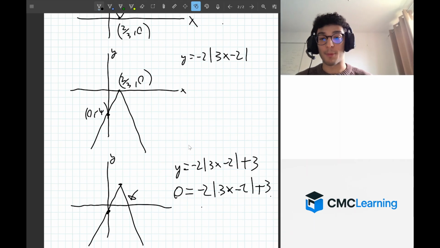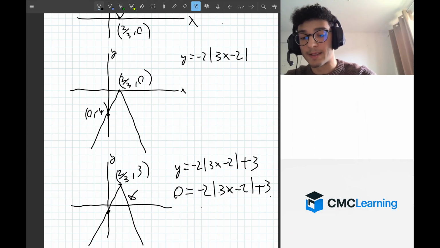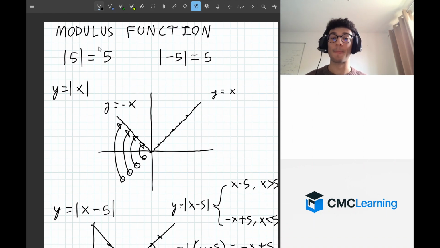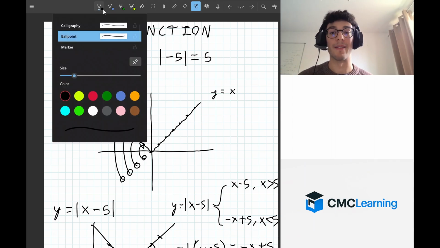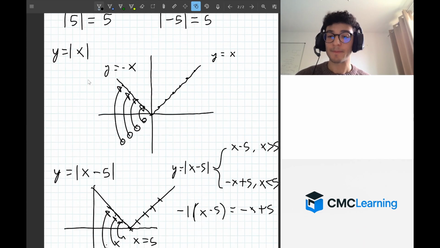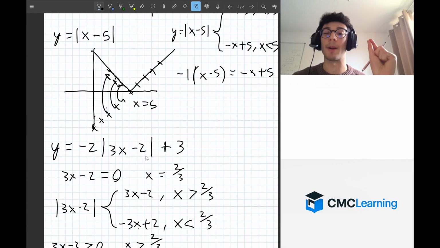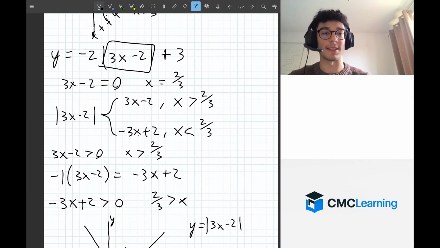So quick recap, we might as well put all the coordinates of these points as well. So raised by 3, this becomes 0, -1. So quick recap on modulus functions. We completely flip the sign of whatever we're working with, only from negative to positive. Looking at functions, we're going to have some characteristic turning point, depending on when the inside of this modulus is equal to 0.